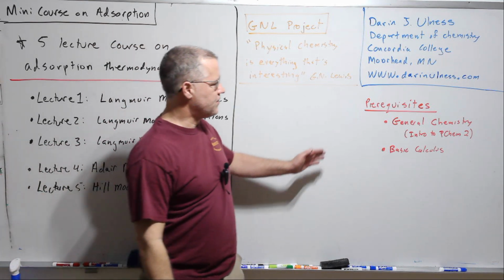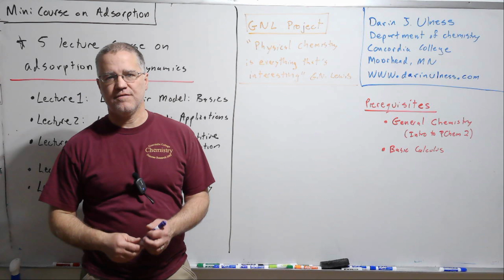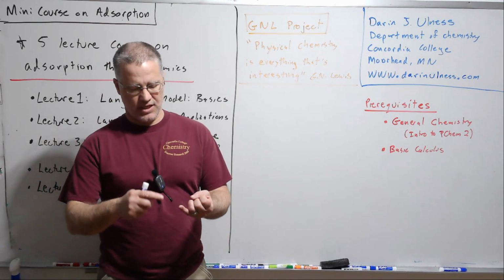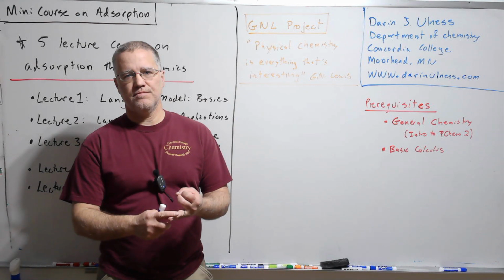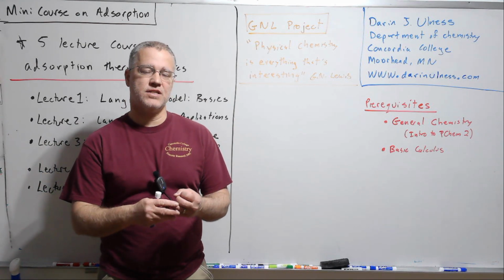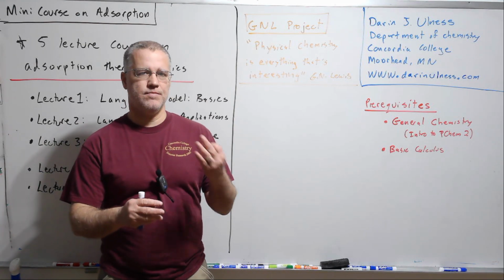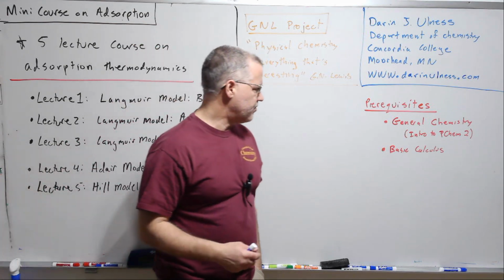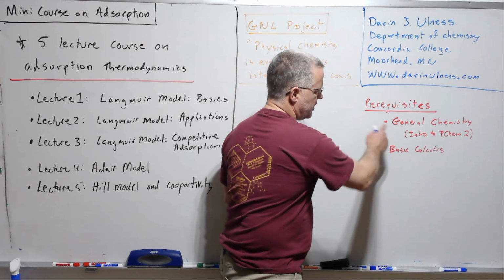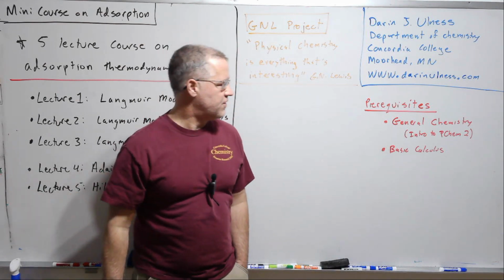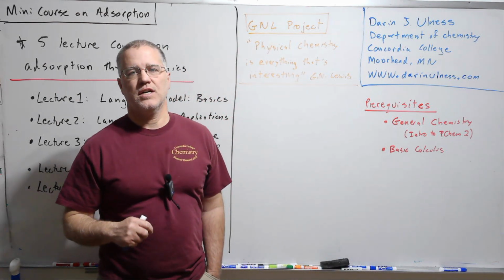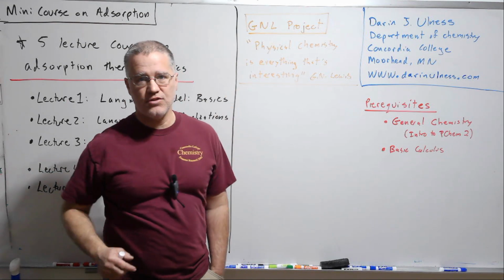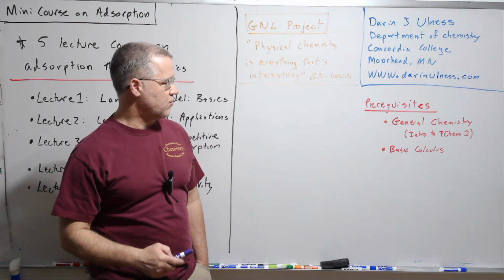The prerequisites for this course: you should have a good understanding of general chemistry that includes talking about enthalpy, equilibrium constants, some delta G, or free energy, and entropy as well. If you've taken the Introduction to Physical Chemistry 2 course, that will be sufficient. That is part of our G.N. Lewis project, the basic introductory courses.